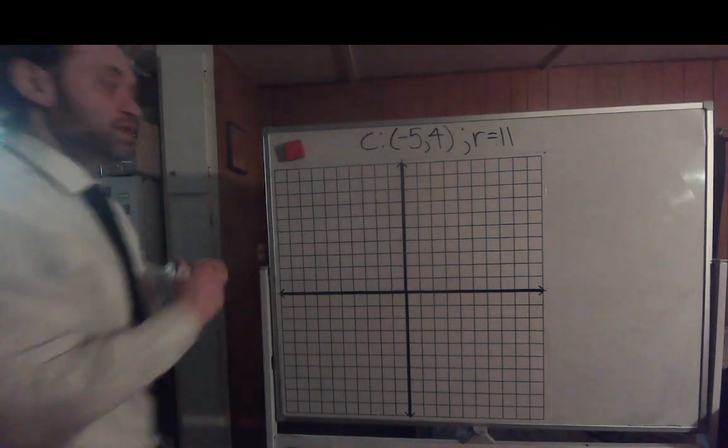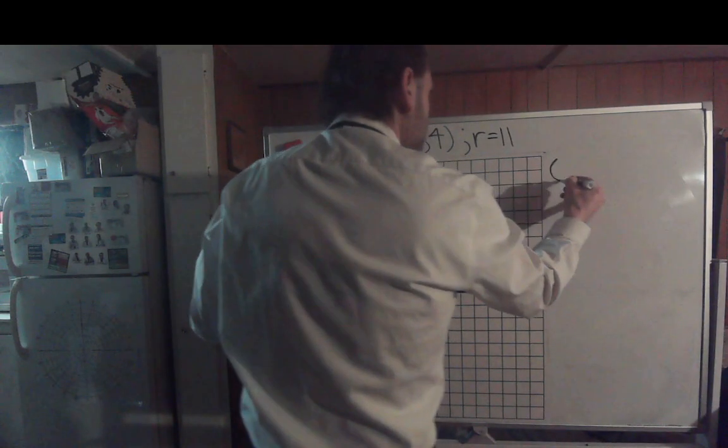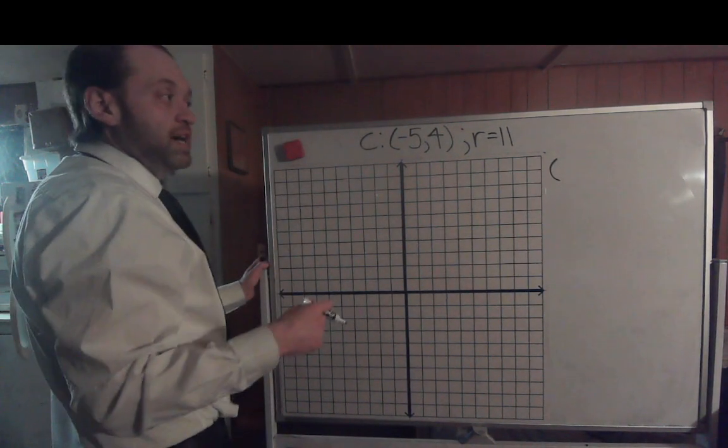So what's that going to look like? Well, take x minus negative 5, that would turn into x plus 5, that quantity squared, plus, now take the y minus that y coordinate of 4, so it'd be y minus 4 squared equals that radius squared.